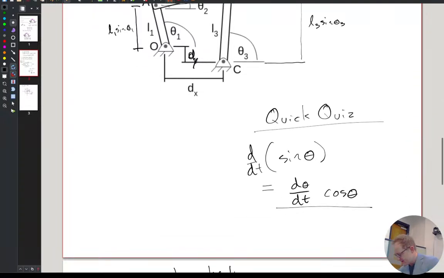Really, what we're saying is that it's d by d theta of sine theta times d theta dt. And usually I simplify it to make it shorter: theta dot cosine theta. Pull out the derivative of the function and whatever is inside the function.